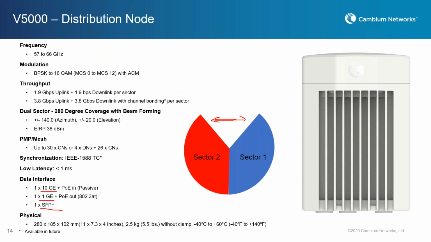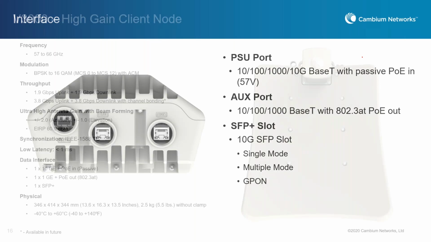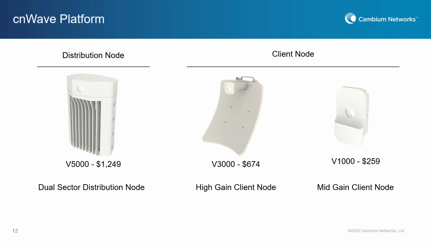It has a GPS receiver on top of the radio, so you don't want to put a metal piece on top of it to block it. Same thing on the V3000. It's on the back, so the V3000 also has the GPS receiver built in. In this chart, this one is here, and this one is here on top. The V1000 doesn't need a GPS receiver because it's synchronized with the V5000.